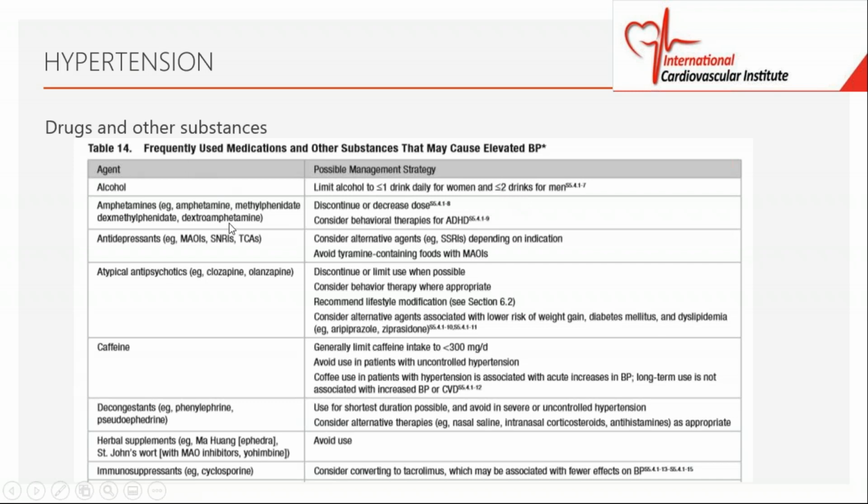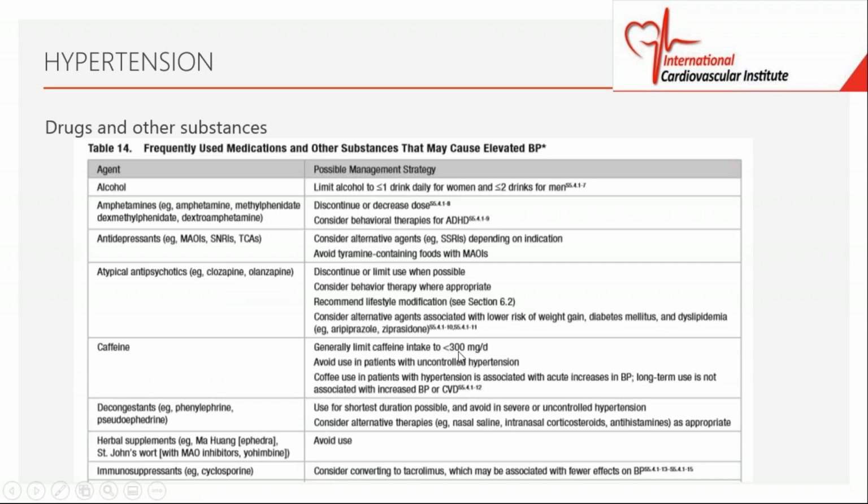But these are some of the things that can elevate blood pressure: amphetamines and amphetamine products, antidepressants, the MAO inhibitors, serotonin norepinephrine reuptake inhibitors, tricyclic antidepressants. So these are prescription medications and they can elevate the blood pressure. Antipsychotics such as clozapine, olanzapine, caffeine, excessive caffeine though.